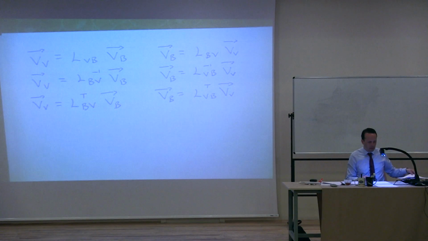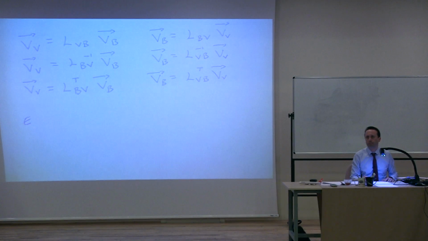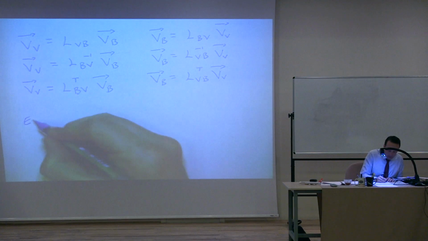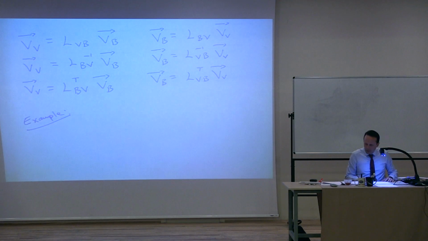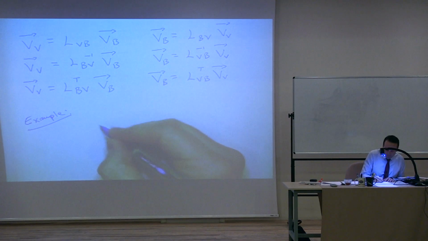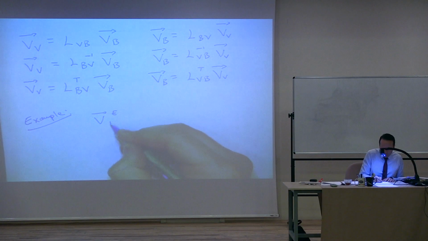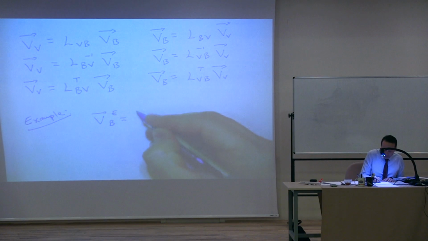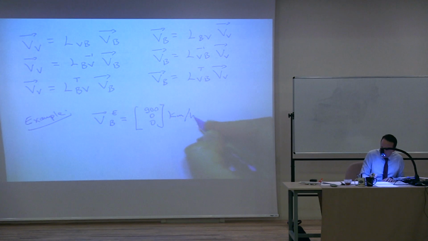Okay? So let me give you an example. Any questions, first of all? All right. Let's say the velocity of an airplane with respect to Earth, written in the body fixed coordinate system, is 900 kilometers per hour.